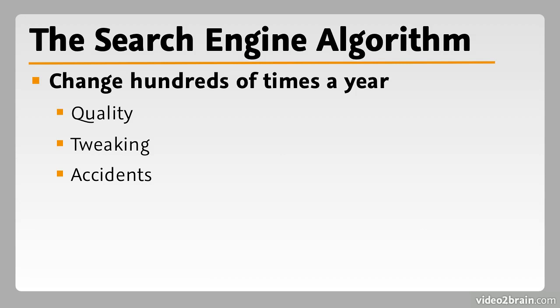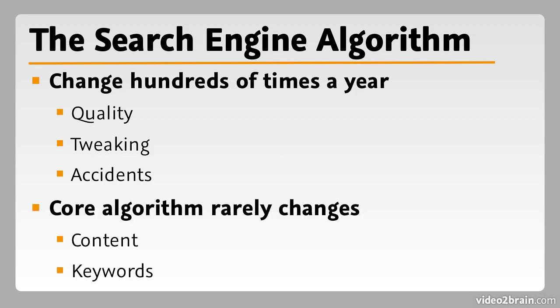Now, sometimes there's some accidents that are made. Sometimes sites that aren't doing anything wrong get thrown out or penalized, but there are things in place that you can get back into the index. But the problem is there are people that do create low quality or spammy sites, and that's who the search engines are trying to target.